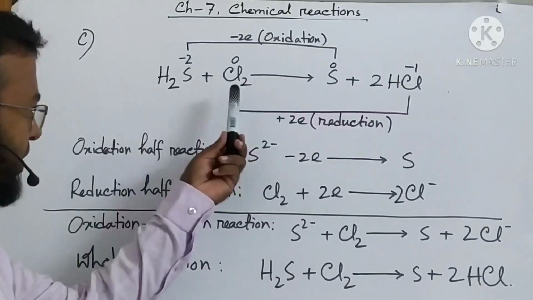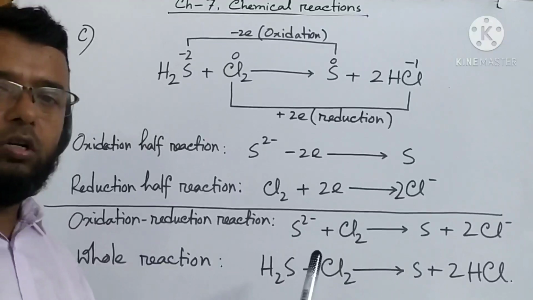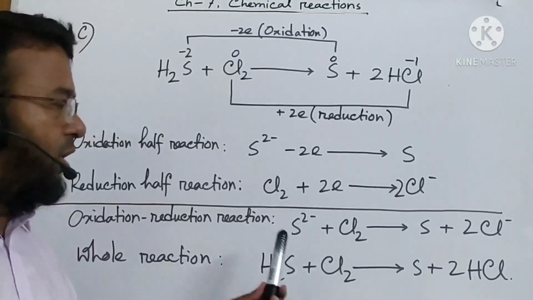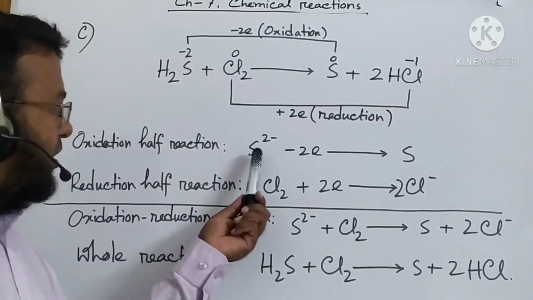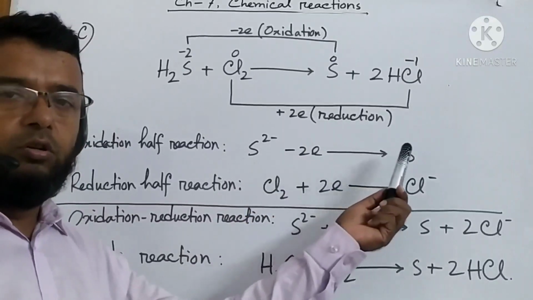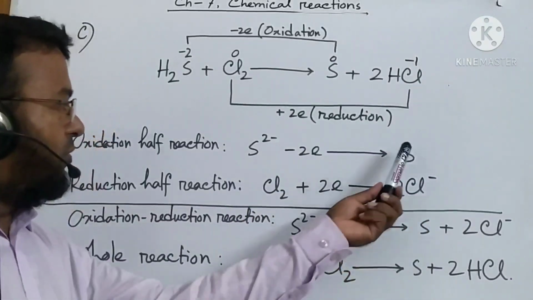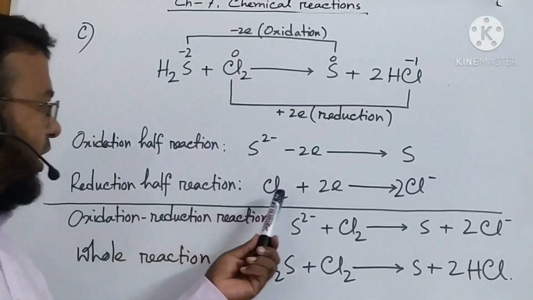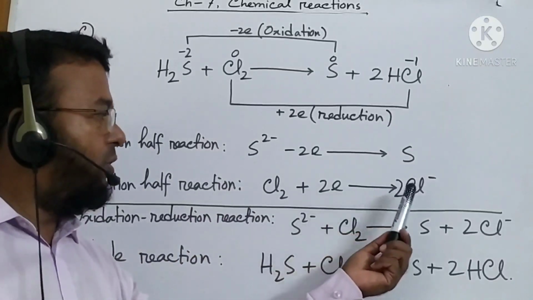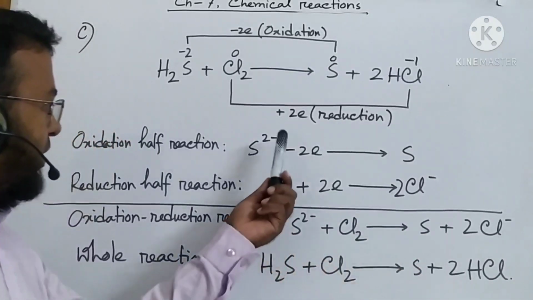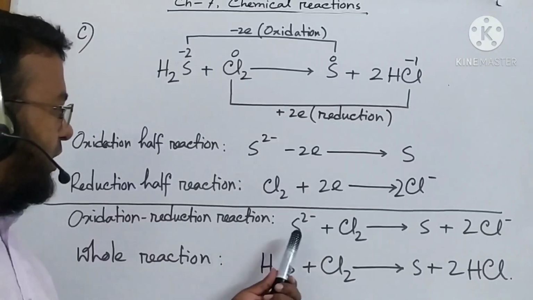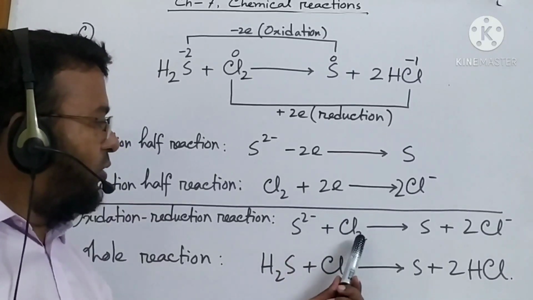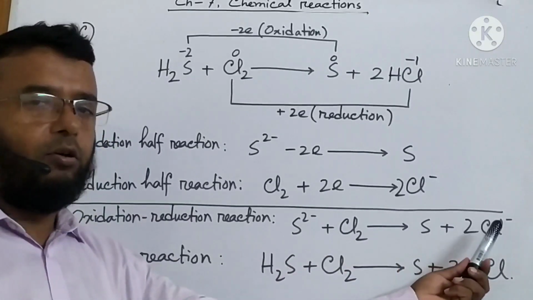For this reason this type of reaction is called redox reaction. So here we see that sulfur ion donates 2 electrons to form sulfur, and chlorine gas receives 2 electrons to form 2 chloride ions. Then we see sulfur 2 minus and chlorine gas, then sulfur and chloride ion.